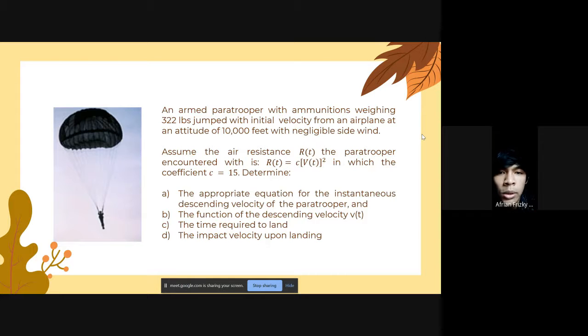We want to determine, first, the appropriate equation for the instantaneous descending velocity of the paratrooper. For point B, we want to determine the function of the descending velocity V(t). For point C, we want to determine the time required to land. And the last is the impact velocity upon landing. Okay, next.